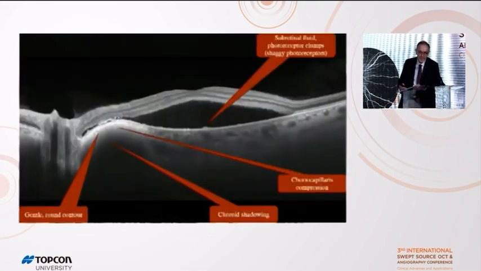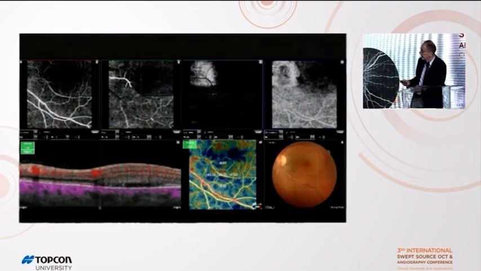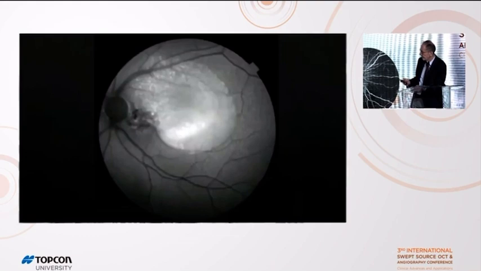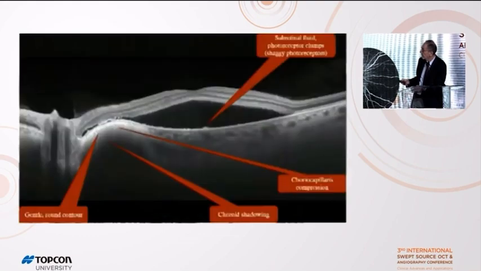And this is the swept source OCT. Here we can see a gentle round contour to the tumor. There is choroidal shadowing and choriocapillaris compression similar to choroidal nevi. And this patient had subretinal fluid, as you can see here, and there are also photoreceptor clumps or shaggy photoreceptors on the retinal surface.